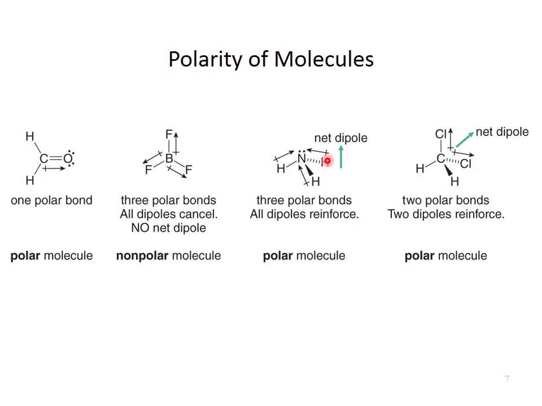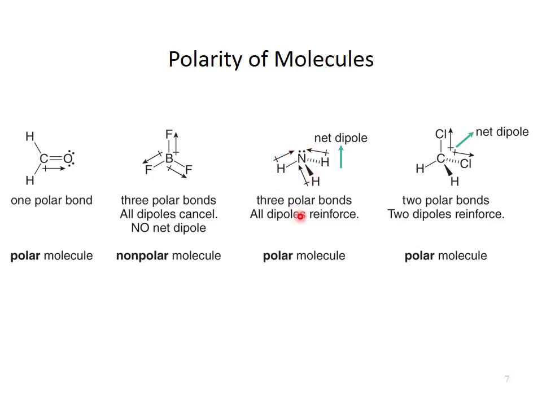So if I just look at the hydrogens and the nitrogen, I can say this is a trigonal pyramidal molecule. And if I look at the dipoles that we have drawn in, the bottom part of this molecule is going to be positive, and the top part of this molecule is negative. So what we find is this is a polar molecule.